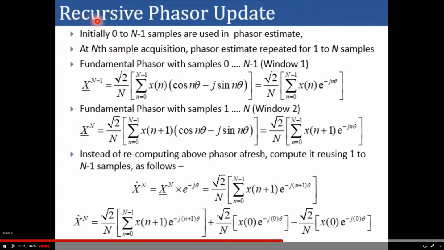Now let's talk about the recursive phasor update. Let's say initially the window is from 0 to capital N minus 1 for the phasor estimate.